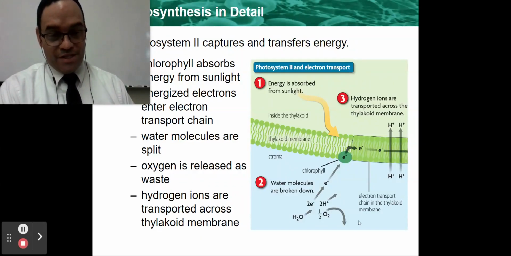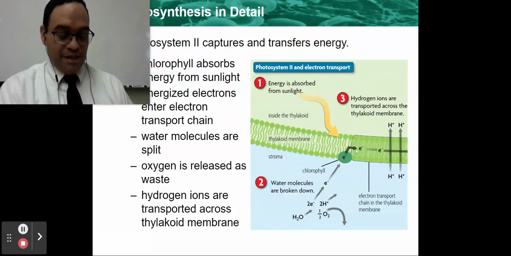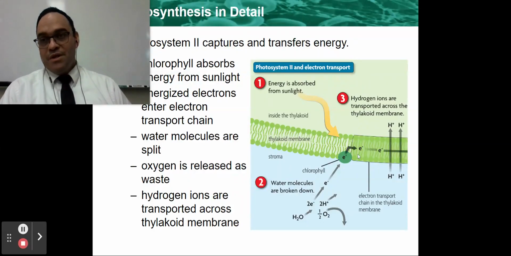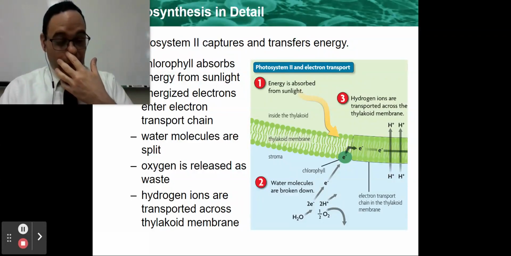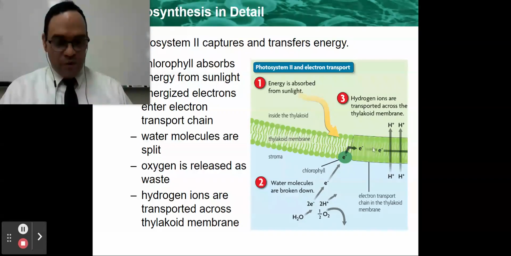Remember, the electron is now traveling along the thylakoid membrane. Here's the two electrons. They had to come from somewhere. There's no electron farm or something. Electrons have to come from other atoms. So the hydrogen gives up its electron, and then when that electron travels along the thylakoid membrane, it pushes hydrogens from outside the thylakoid to inside the thylakoid.